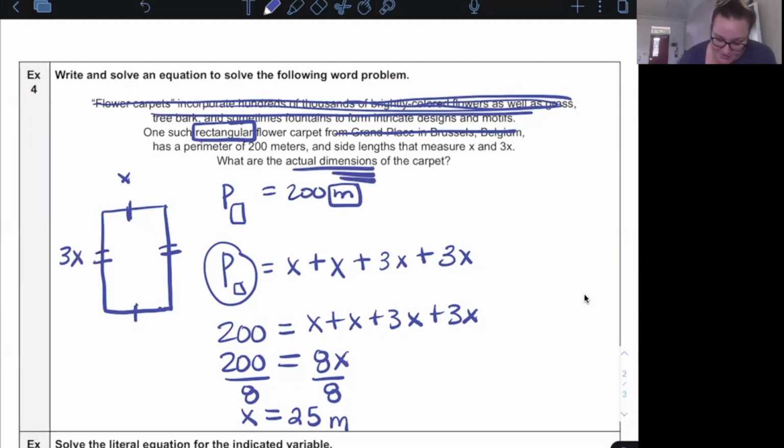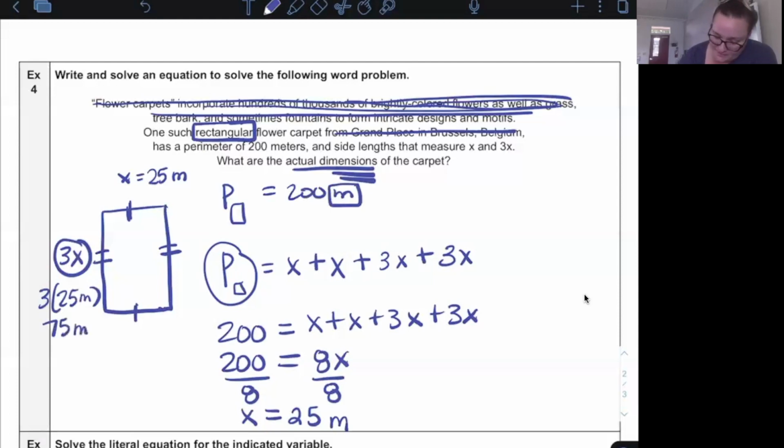So we know that if one side is 25 meters, how long would the longer side be? Well, it has to be 3 times x, or 3 times 25 meters, which would be 75 meters.